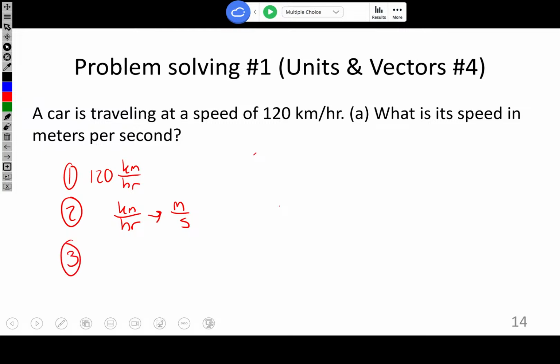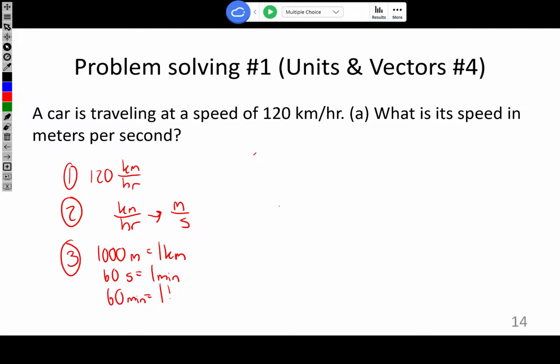We remember that there are 1,000 meters in a kilometer, 60 seconds in a minute, and 60 minutes in an hour. So we're going to do the easy one first. 1,000 meters equals 1 kilometer, 60 seconds equals 1 minute, and 60 minutes equals 1 hour.